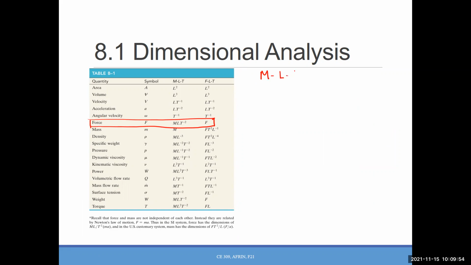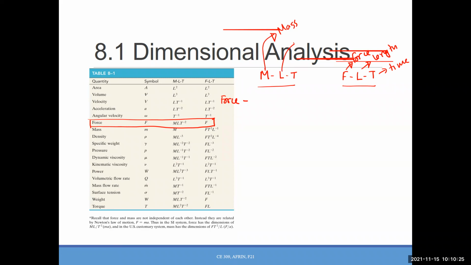So MLT and FLT for force. For force in FLT, since it's force, length, time, and for M, it's mass, length, time.